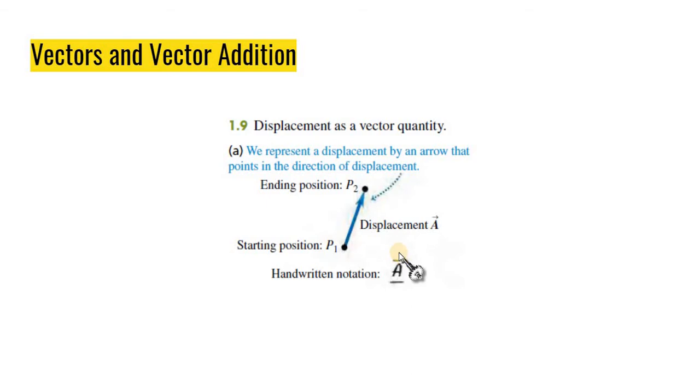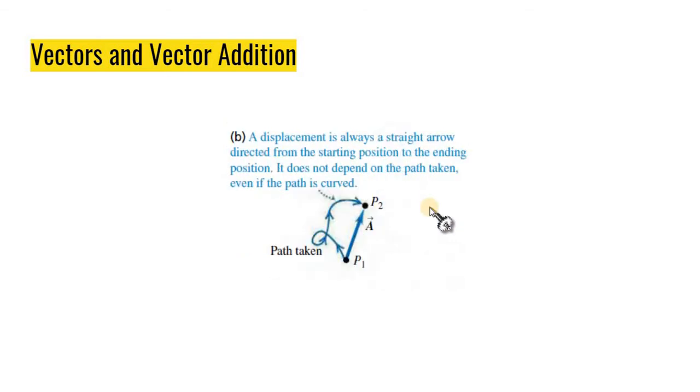Okay, so when we say displacement, it's just the distance from the origin, or from the starting position to the ending position, or in this figure from P1 to P2. In figure B, a displacement is always a straight arrow directed from the starting position to the ending position. It does not depend on the path taken, even if the path is curved. In this example, the point moves in the direction of the arrows.